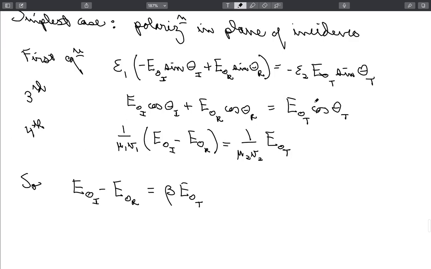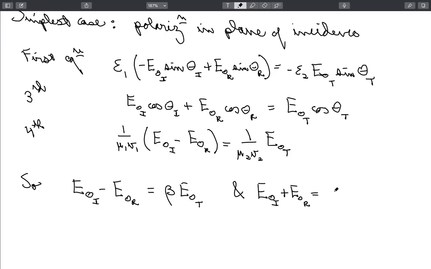Now, this third equation tells us a different thing. It tells us that E incident plus E reflected is equal to some ratio of cosines, right?